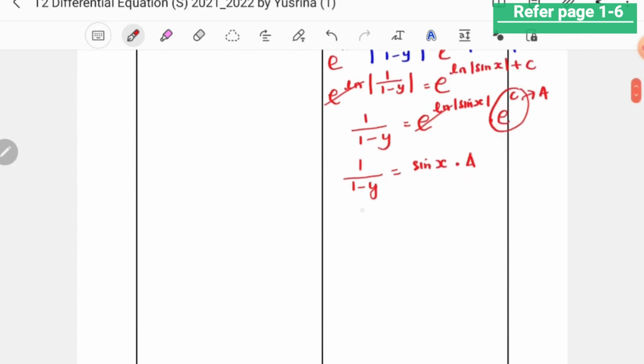So 1 over 1 minus y equals sin x multiplied by e to the c, which is a. So 1 over 1 minus y equals a sin x.